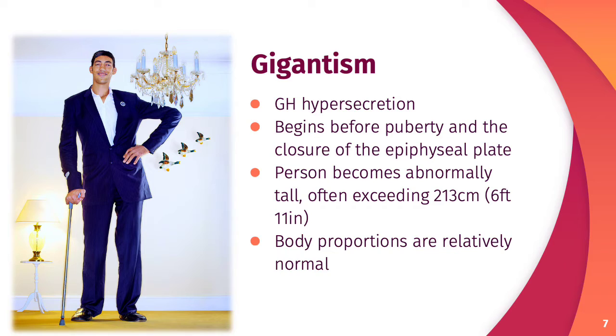What happens with gigantism is there is hypersecretion of growth hormone. It begins before puberty and closure of the epiphyseal plate. That is why the person becomes abnormally tall and the body proportions are relatively normal. They can exceed 6 feet and 11 inches or 213 centimeters.